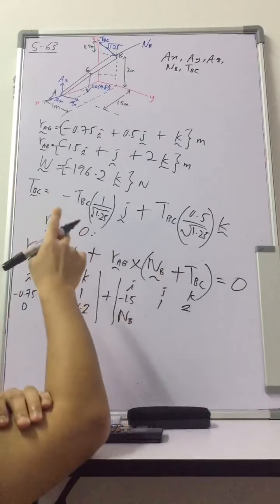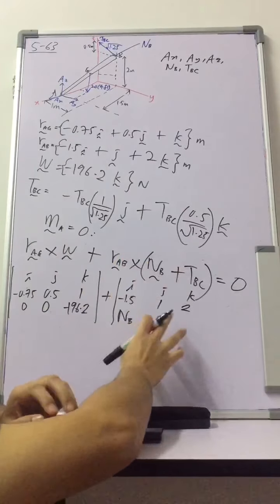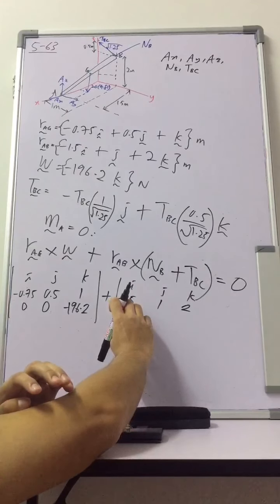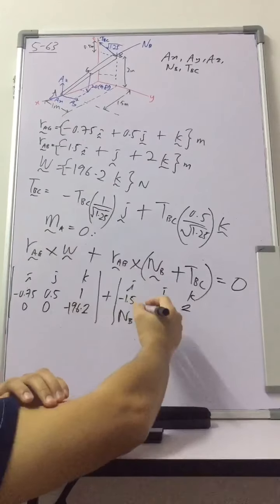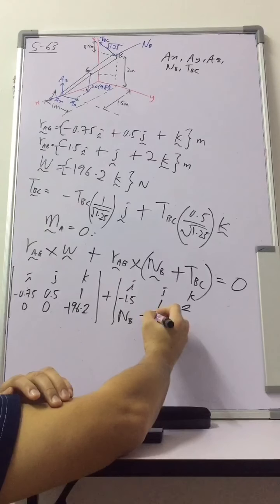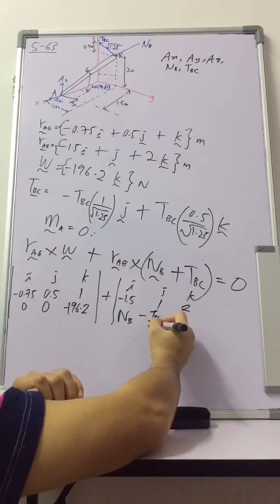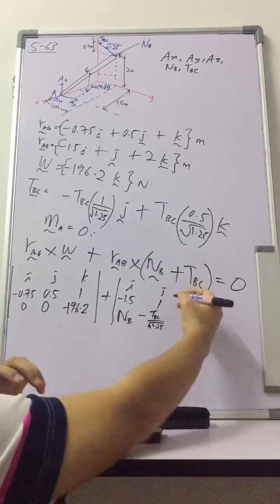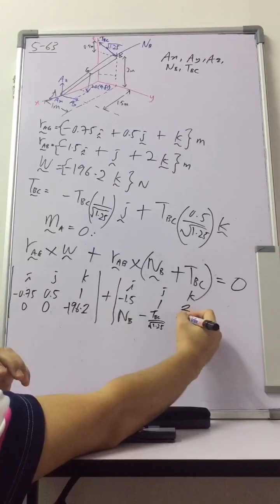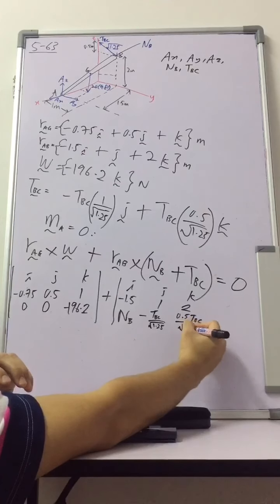So TBC has J and K. So that's why they don't overlap. This is for the X will be NB, the Y and J will be for TBC. So the TBC will have this component minus TBC over root 1.25, right? And then for the K, for the Z component, you have 0.5 TBC over root 1.25.